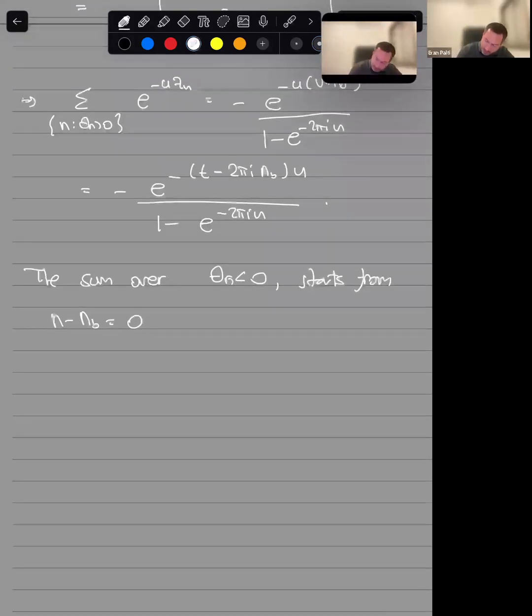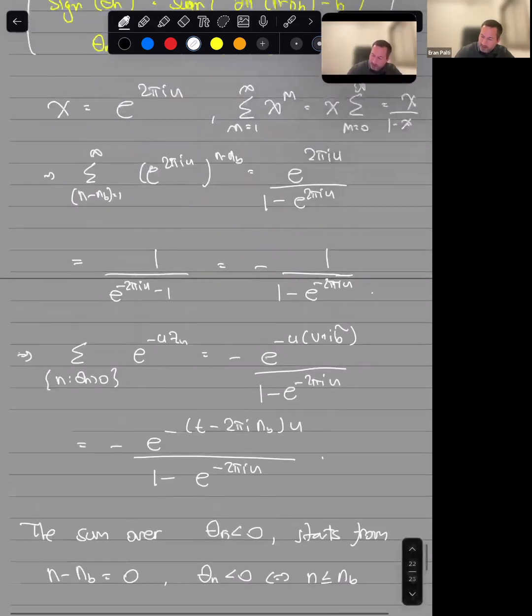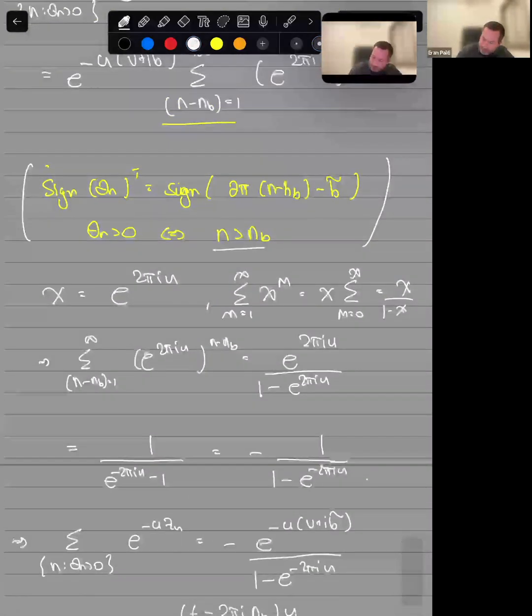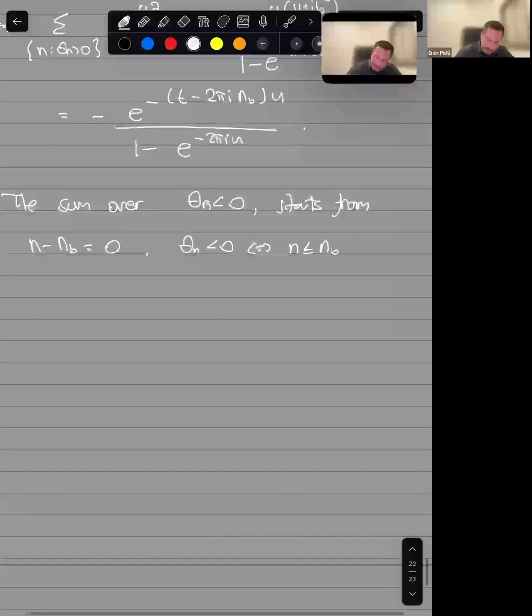And that means that when we do the sum, in other words, theta n less than 0 means n is less than or equal to nb, rather than what we had before, which is n bigger than nb.